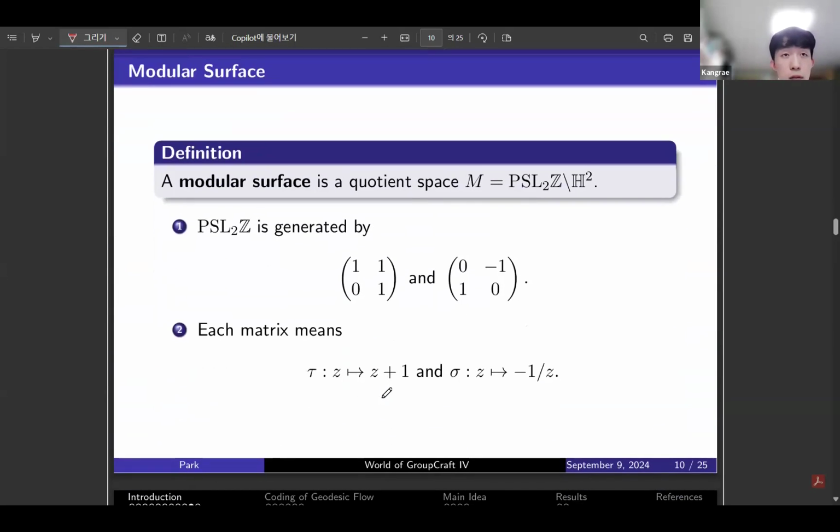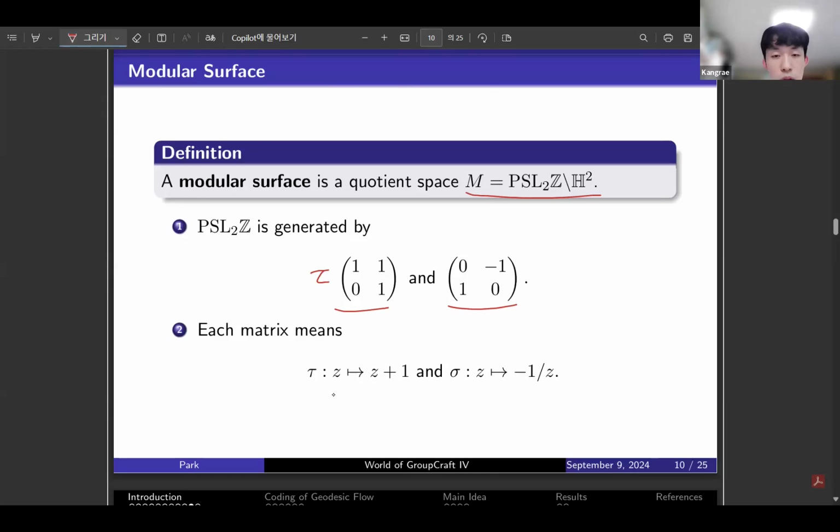Now we define a modular surface. A modular surface is a quotient of the hyperbolic plane by PSL(2, Z). So it's defined over here. And note that this PSL(2, Z) is generated by two elements, (1 1; 0 1) and (0 -1; 1 0). The first element is denoted by tau.